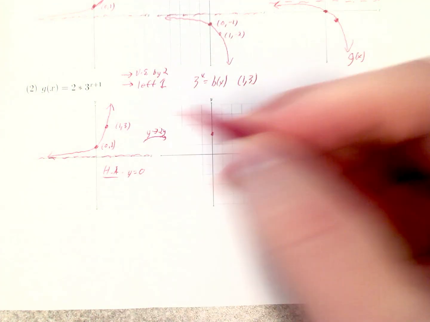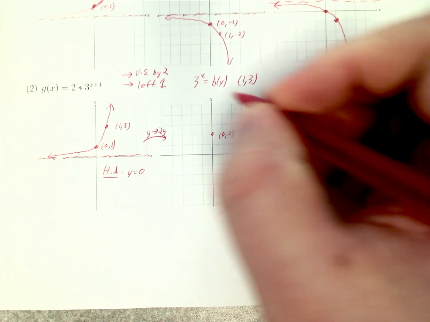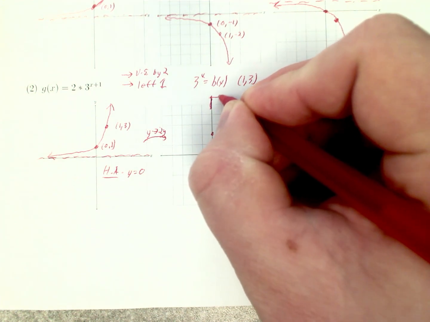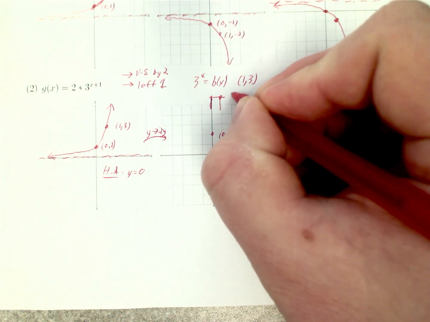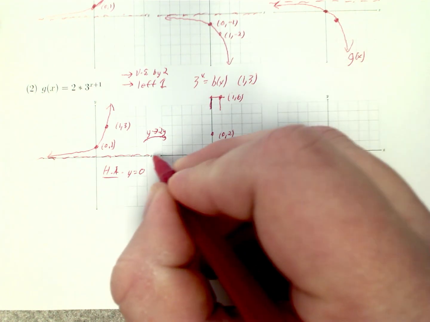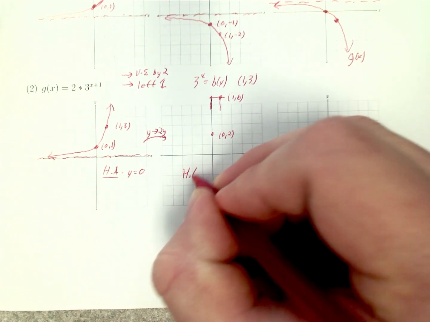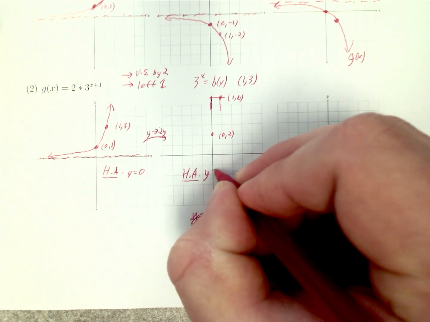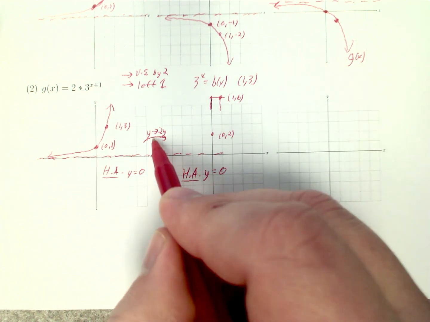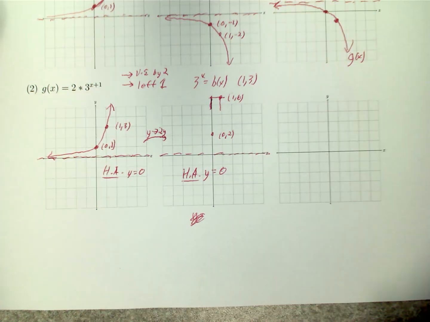And instead of 1, 3, it's going to be 1, 6, which is a little bit above what we have, so we're just going to have to make do. And then we still have the horizontal asymptote, y equals 0. It affects the y's, but if you multiply 0 by 2, it's still 0.